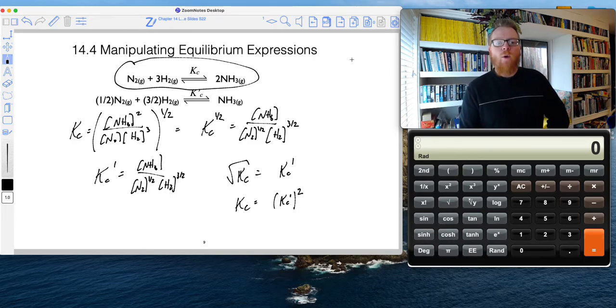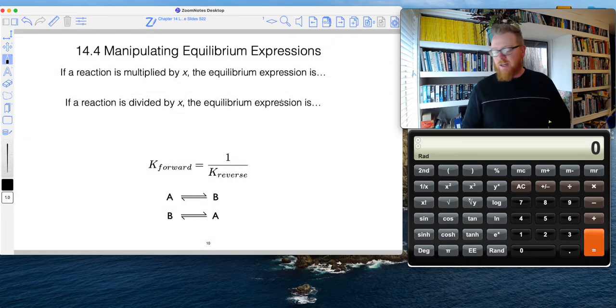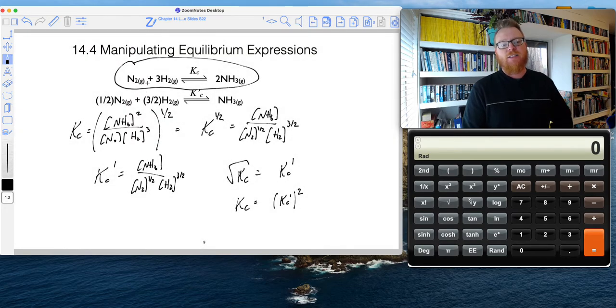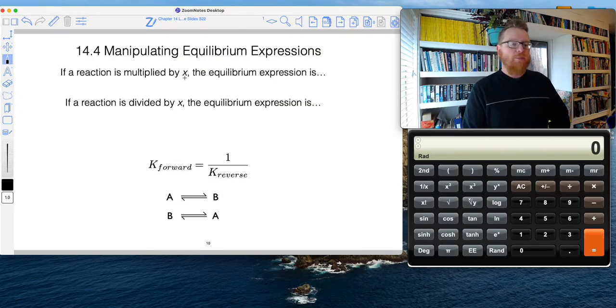Now, is there a general rule that we can come up with? And there is, and it's right here. If a reaction is multiplied by X, and what I mean by multiplying the reaction by X is, for example, to go from this reaction to this reaction, we multiplied it by 1/2, then the equilibrium expression is raised to the X power.